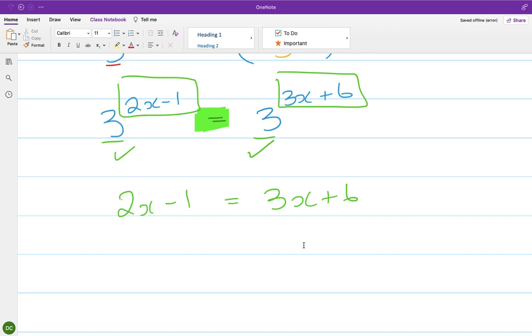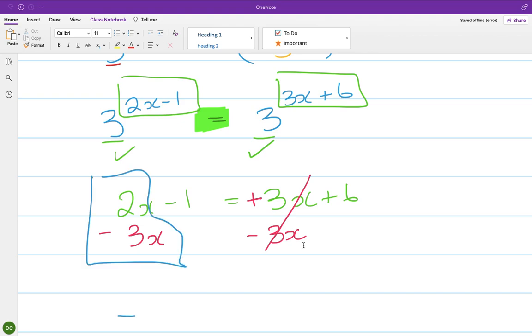So at the moment this is a plus 3x, so I get rid of that with a minus 3x. And then over here a minus 3x. So tidy that up. This there is minus 1x. This minus 1. That side is 6.